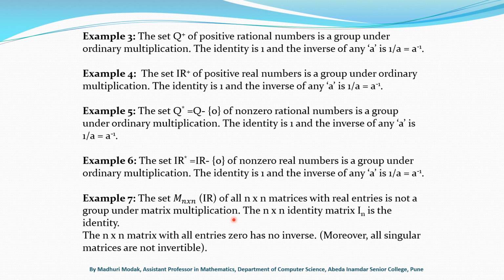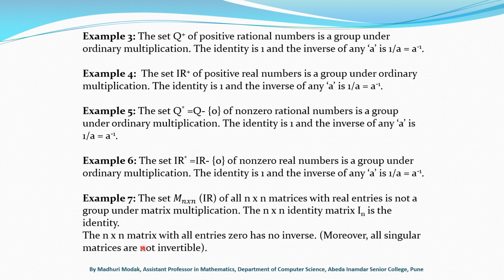But for the inverse of some matrix A in M n by n R, there must exist B such that AB equal to BA is equal to In. But every matrix does not have an inverse. Inverse exists only if it is a non-singular matrix. That means the determinant is not equal to 0.